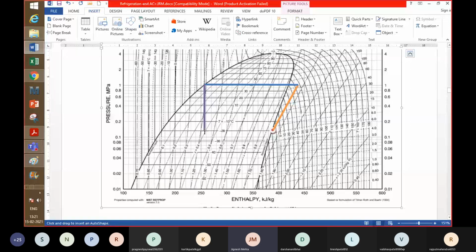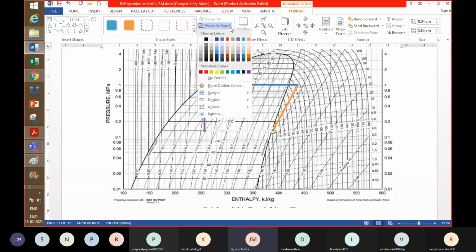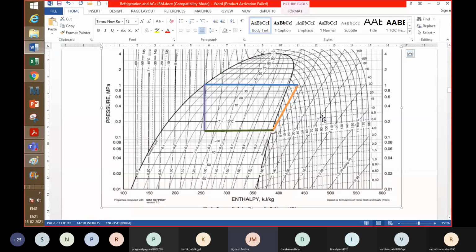So starting from this point 4 and going up to point 1, right? So we have plotted this cycle on the pH diagram. So this is the cycle 1, 2, 3, 4.